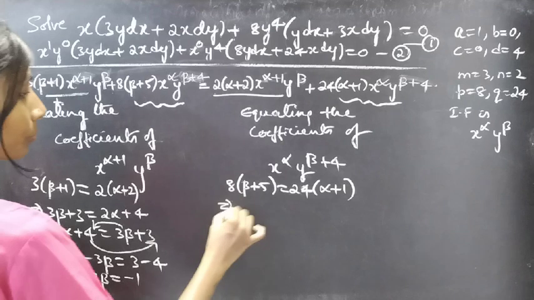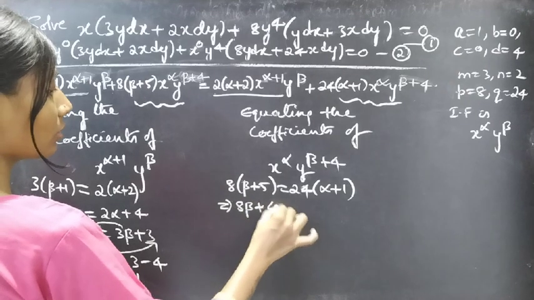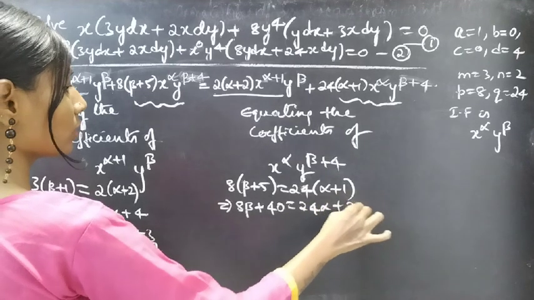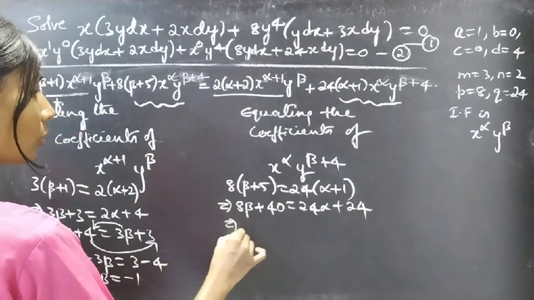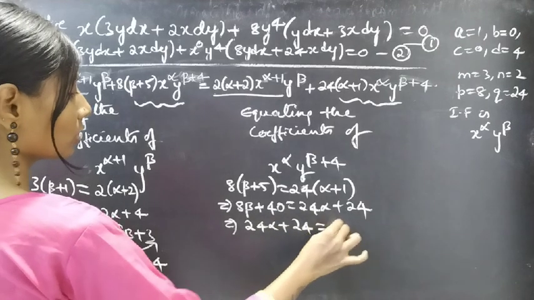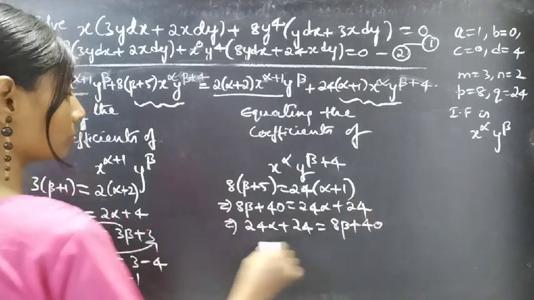And here you'll get 8β plus 8 fives are 40 equal to 24α plus 24 ones are 24, or we can write this as 24α+24 equal to 8β+40.